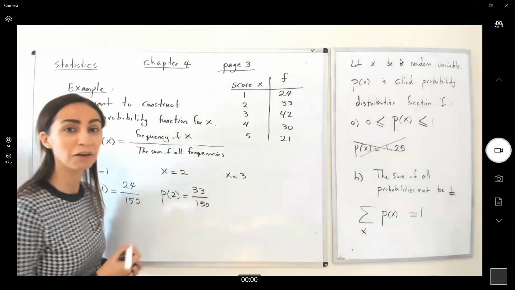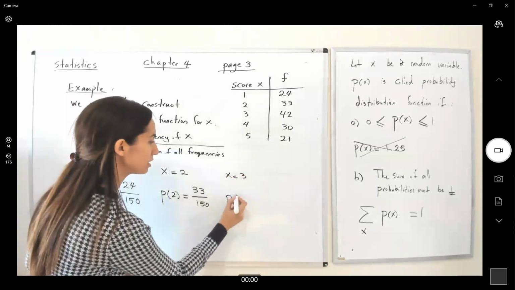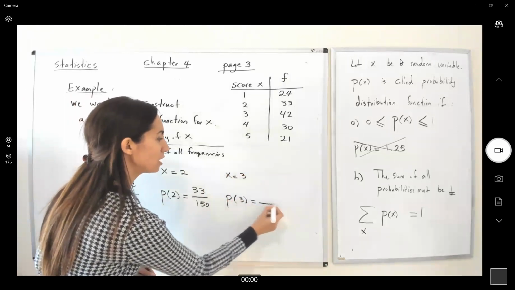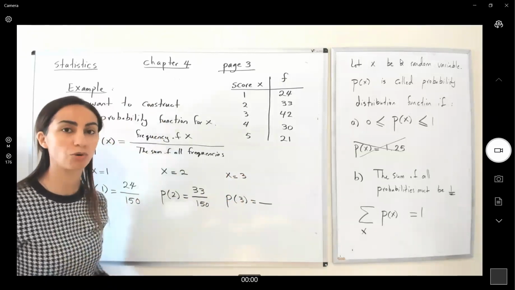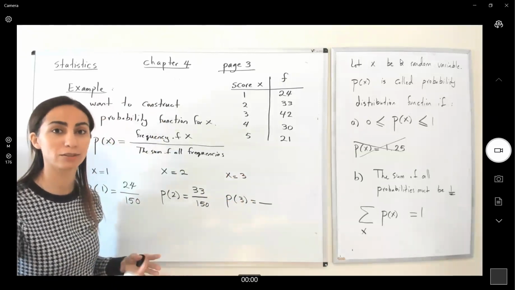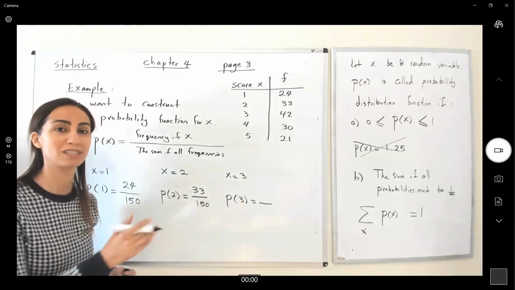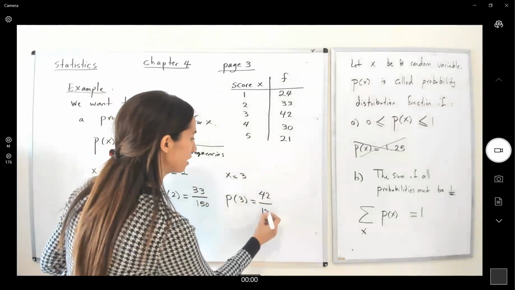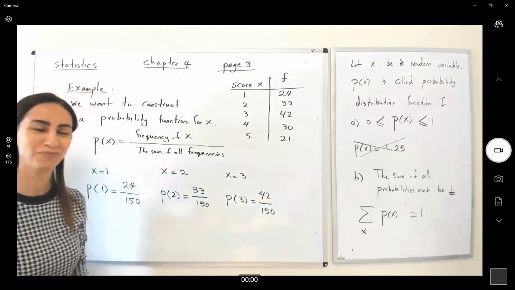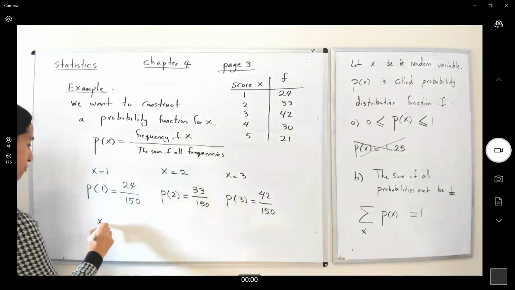Next score is 3. The probability that x is equal to 3 is equal to the total number of employees who got score 3 divided by the total number of employees who were surveyed. 42 divided by 150. What if x is 4?